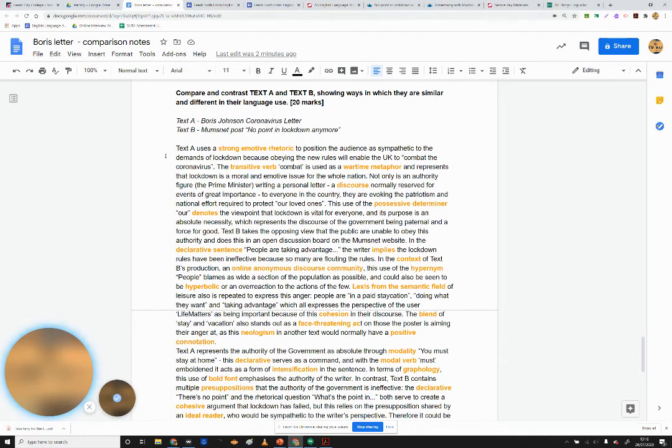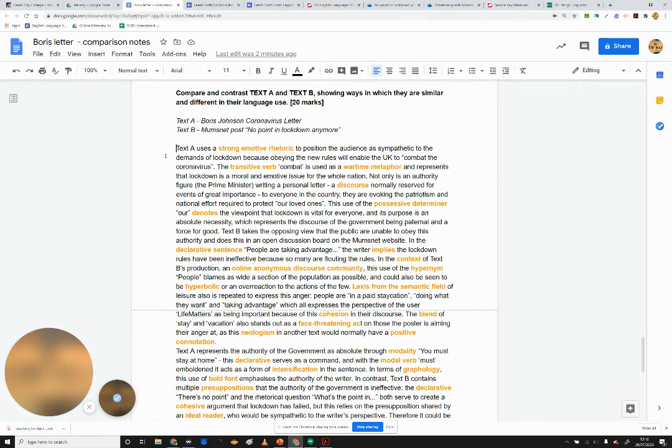Not only is an authority figure, the Prime Minister, writing a personal letter, a discourse normally reserved for events of great importance, to everyone in the country, they are evoking the patriotism and national effort required to protect our loved ones. In this quote, the use of the possessive determiner "our" denotes the viewpoint that lockdown is vital for everyone because it's inclusive, and its purpose is an absolute necessity, which represents the discourse of the government being paternal and a force for good.